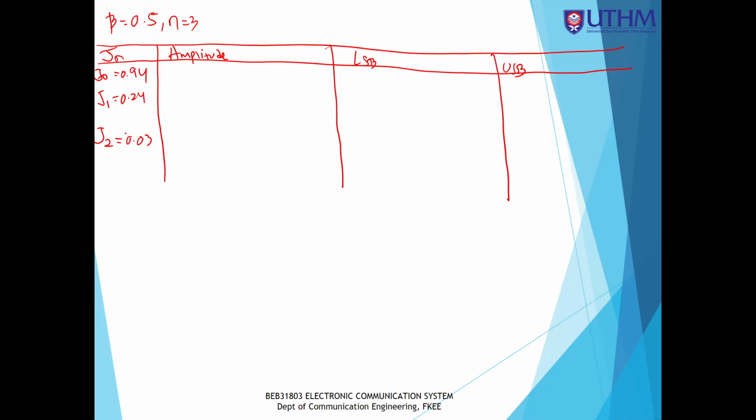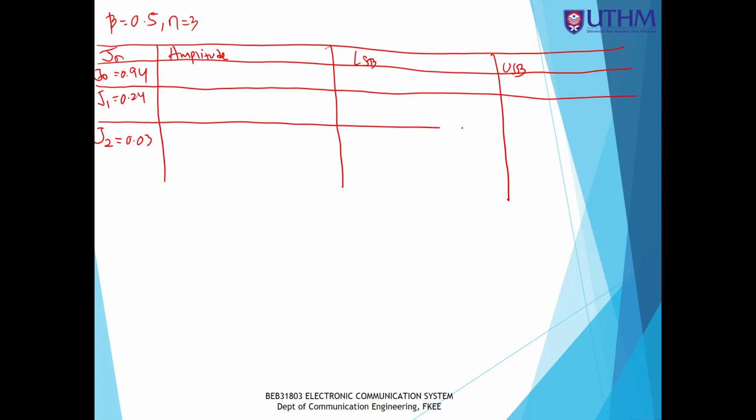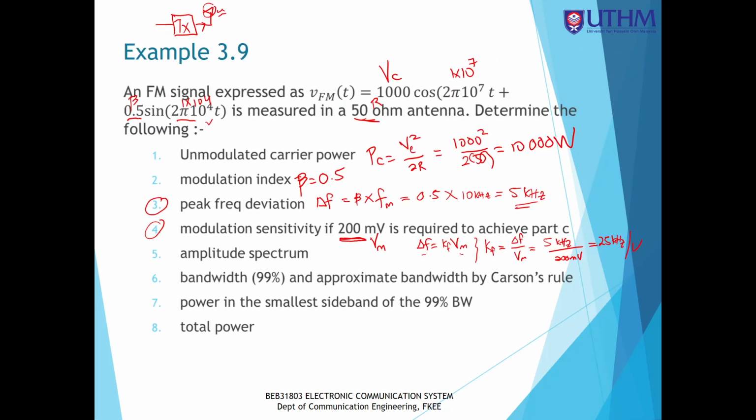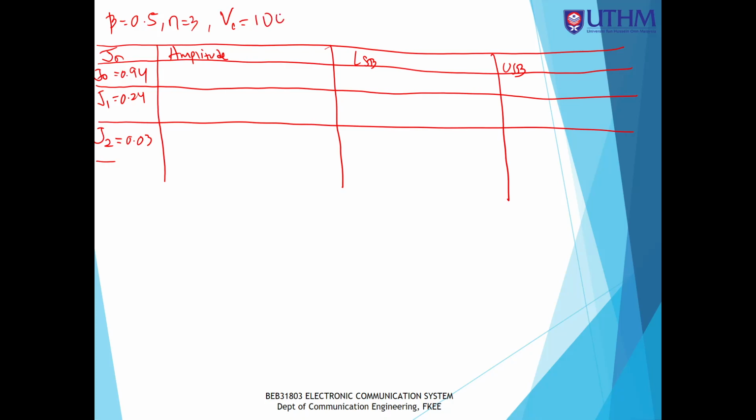From here you can find the amplitude. We know that VC is equal to 1000 volt, as given in the question. So V0 is J0 times VC.